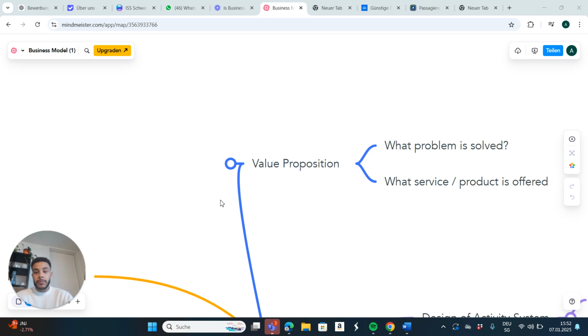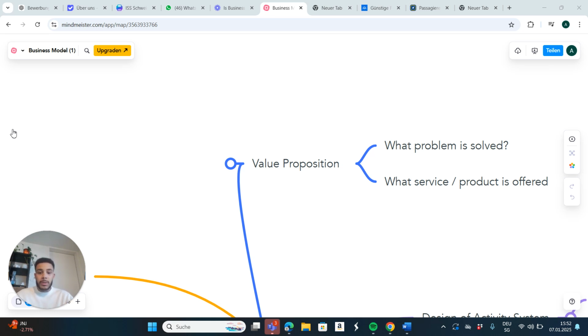For this branch, it's really important that you don't go through it too easily. Sometimes, if you have a luxury pizza shop, the problem that is solved is not being hungry, but having status or going on a date, impressing other people. And the product is not really the pizza itself, but could be the ambiente of the restaurant.